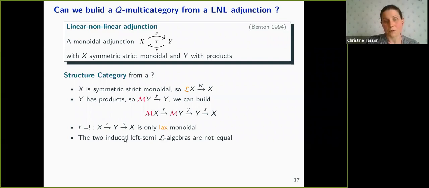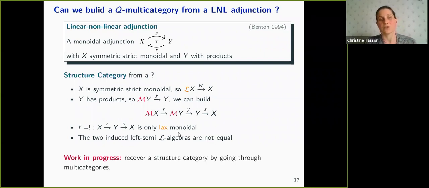And furthermore, the two left semi-L-algebras are not corresponding. So what we think is that we can recover a structure category, but by going through multicategories, and it will be another work.